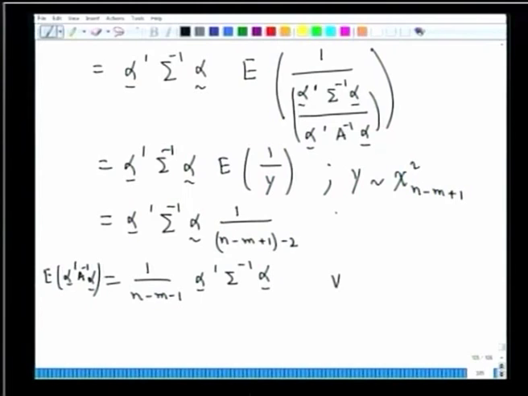Now this is true for every fixed alpha belonging to R to the power m, where alpha is of course not equal to the null vector. Otherwise there will be a problem in defining this particular random variable here.